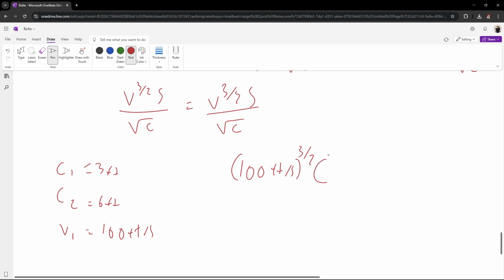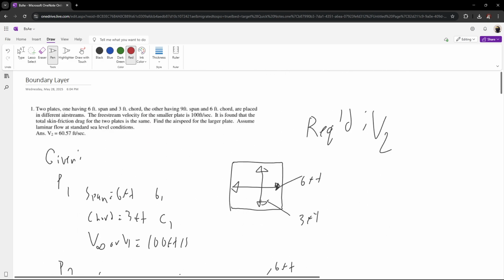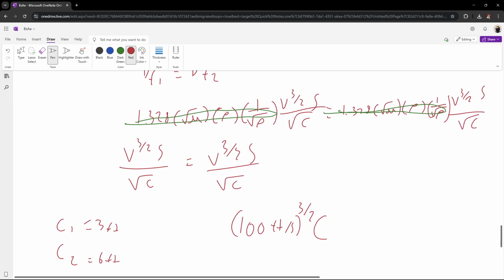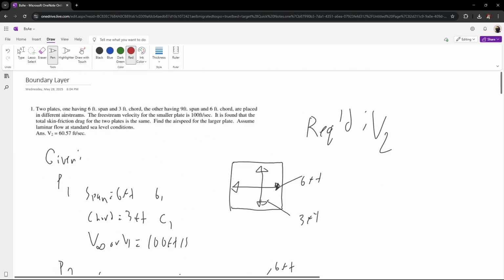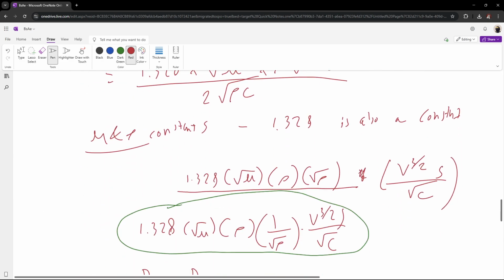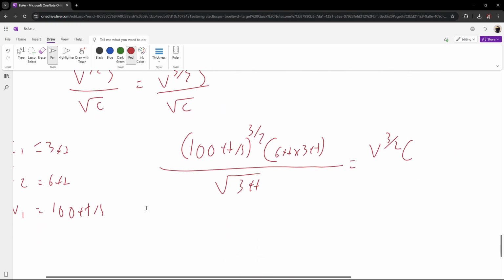The span times chord here, I'm pretty sure, was 6 foot times 3 foot over chord, which is 3 foot, equals V2 to the 3 over 2. And for this one, the span is 6 foot times 9 foot over 6 foot.